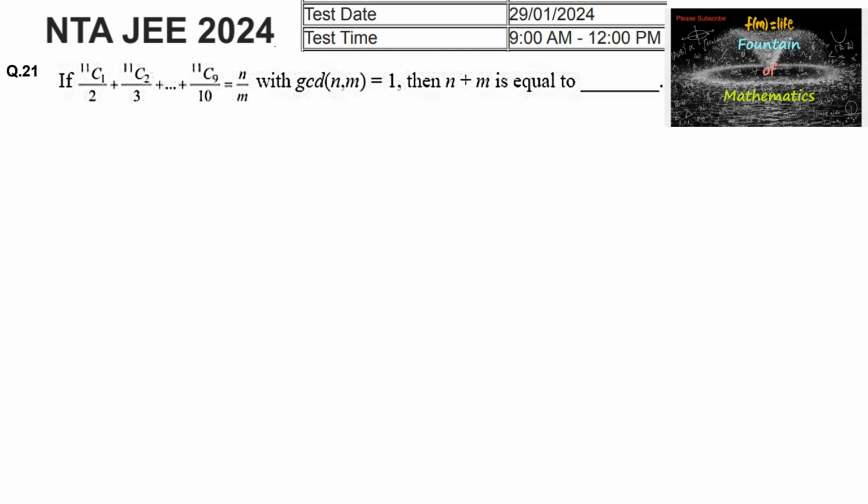And we know that nC0 + nC1 and so on up to nCn, the sum of the binomial coefficients, is 2 to the power n.